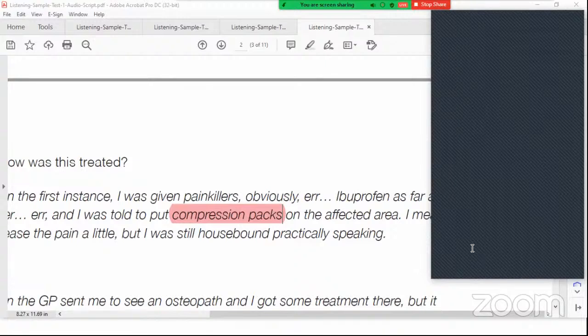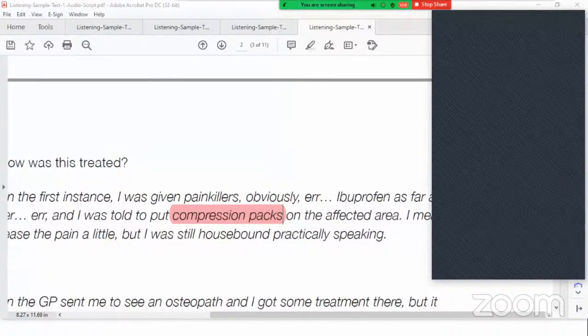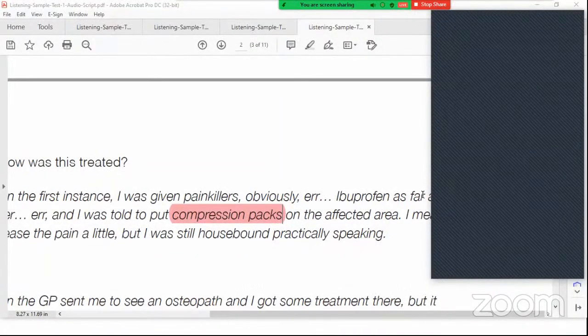For uncountable nouns, there is no singular and plural concept. It is just one form: air, water, furniture.